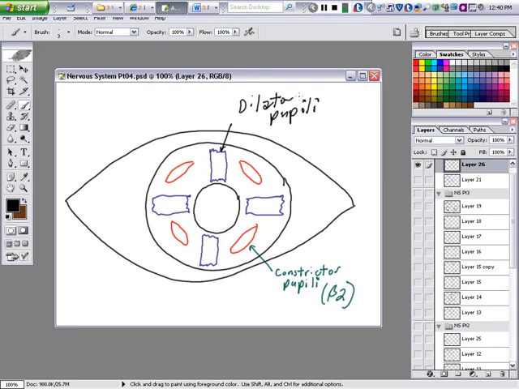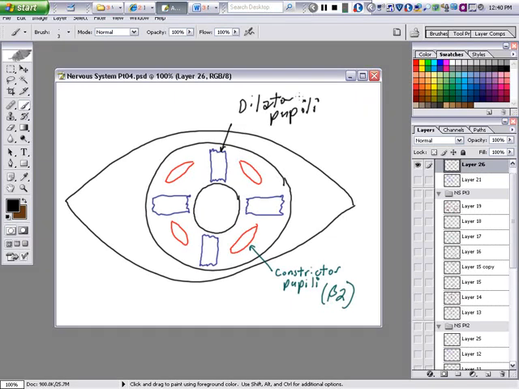And so when you're under sympathetic control, do you want these muscles, the dilator pupillae, to contract or relax? You want them to contract because when they get smaller, they're going to open up the pupil. Make sense?